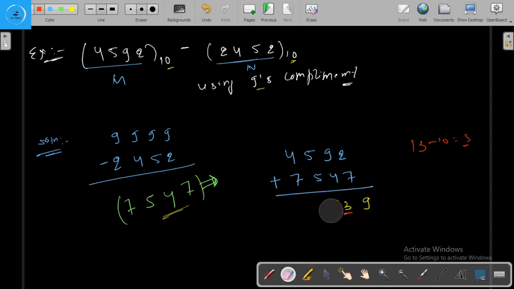We are going to write 3 here. हम लोग यहाँ पे 3 लिख देंगे और 1 को हम लोग कैरी बना के आगे दे देंगे। ओके, ठीक है। Then 5 plus 5 is 10 and 10 plus 1 is 11. 11 minus 10 will be equal to 1, and 1 we are going to pass as a carry. Then 7 plus 1 is 8, and 8 plus 2, that is 10. Then 12 minus 10 equal to 2. We are going to write 2 here, and we are going to pass carry here. So here the carry will be 1.